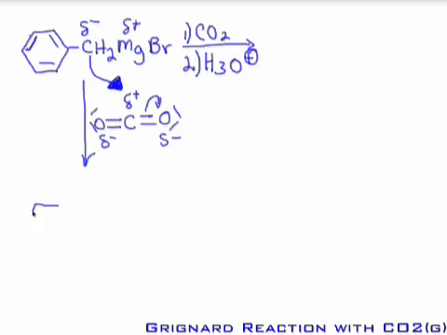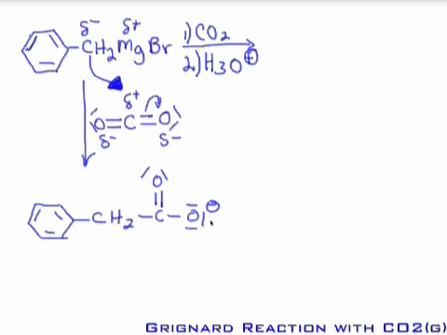And what you end up with, when you're done, is a CH2 attached to a C double bond O and a single bond O, which is negatively charged. You've made a carboxylate. And of course your MgBr plus is here as well.